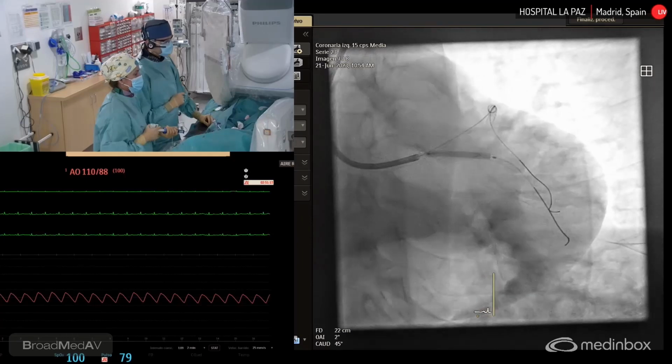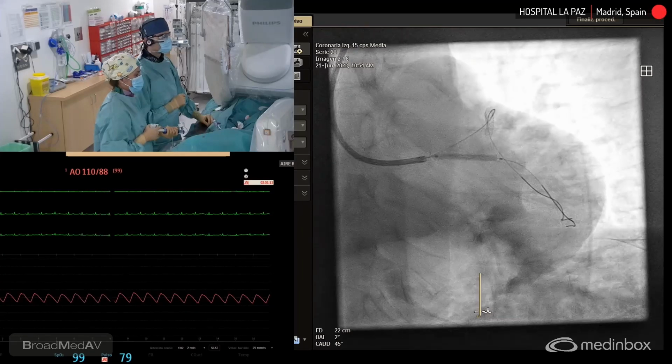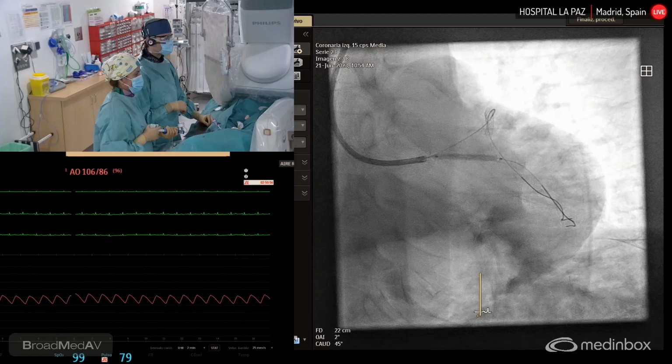The patient is tolerating quite well. The ECG is normal, and before with the vasospasm, the ST segment went up a lot, so I think we are not occluding the LAD.